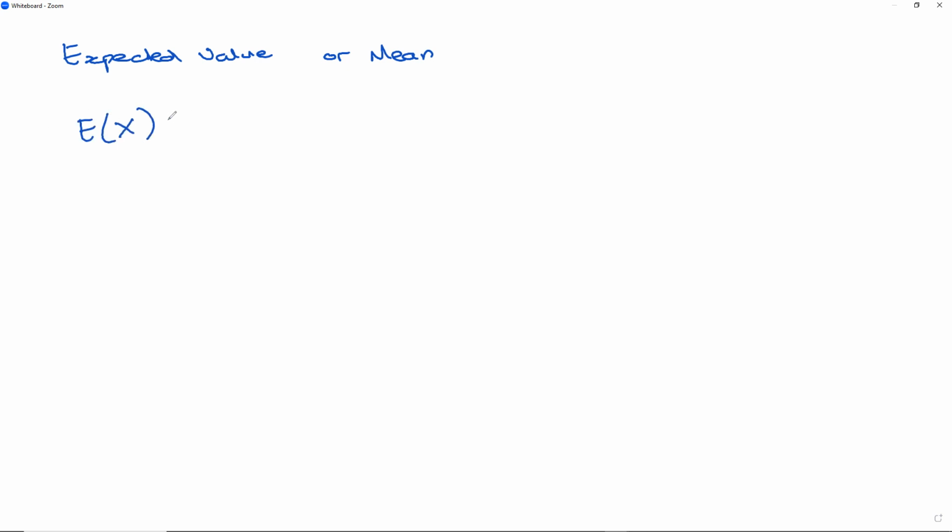We write it as E of capital X, so we have random variable X, and then we use the symbol mu for mean, and it's also the sum from i equals 1 all the way to n, given the observation multiplied by the probability of that observation, or that event, or whatever's happened, and adding it all up.